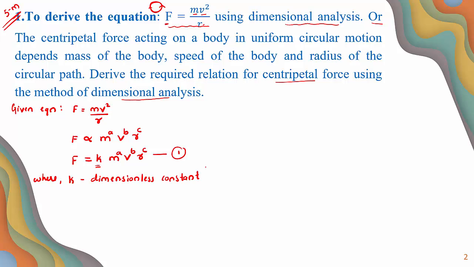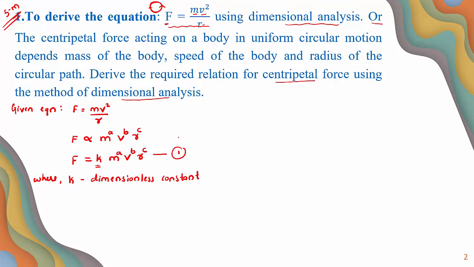The given equation is F equal to mv square by r, or we can write F is directly proportional to m raised to a, v raised to b, r raised to c. Or instead of the proportionality sign, we can write the proportionality constant k: F equal to k into m raised to a, v raised to b, r raised to c. Let us take it as equation number 1.